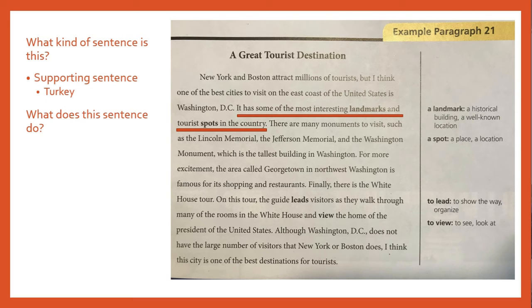If we look at the sentence and really think about its purpose, we see that it gives a reason why Washington, D.C. is one of the best cities to visit. It mentions that it has interesting landmarks and lots of things for tourists to do. So that's giving a reason why the author thinks D.C. is one of the best places to visit on the East Coast.